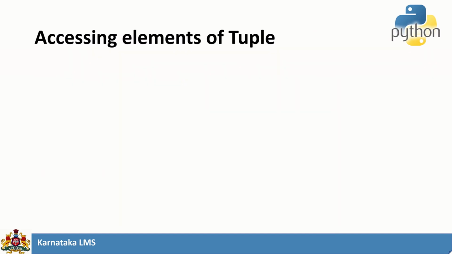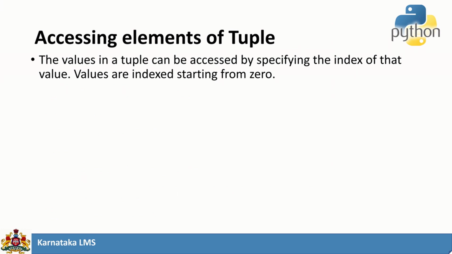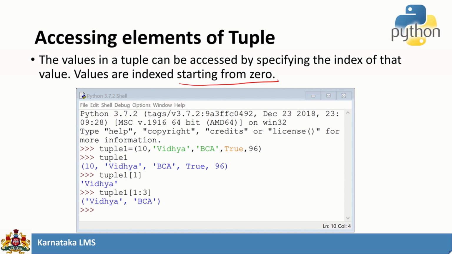How to access the elements of the tuple? Just like your list or your arrays, the index values can be used to access the elements of the tuple, and it starts from 0. Consider this example, tuple 1 of 10, Vidya, BCA, 2, 96.